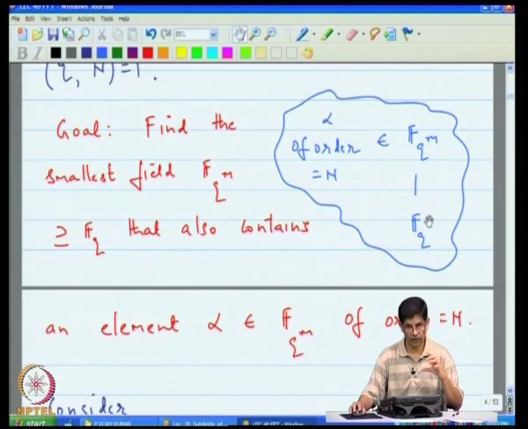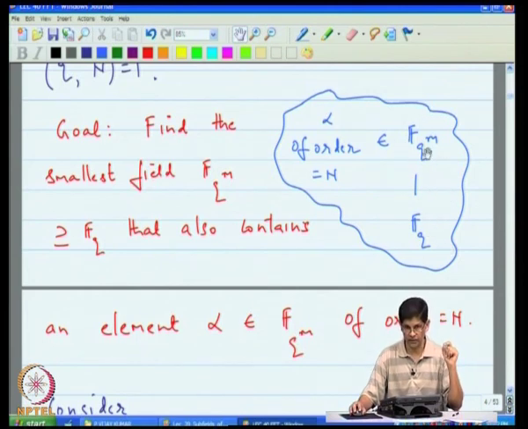Now, it turns out that in order to develop the theory of cyclic codes, you need a rather peculiar condition: you need an element alpha whose multiplicative order is n, that is, the smallest power of alpha which gives you 1 should be n. It could be that this field itself contains such an element alpha, but often that is not the case, in which case you can start with a smaller field and build up to a larger field.